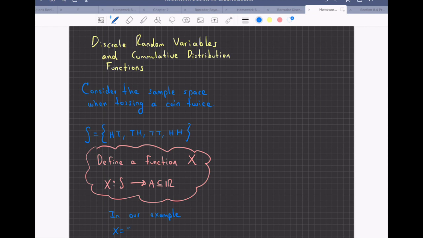In our example, X is going to count the number of heads. So I'm saying that we have a function from the sample space to a subset of the real numbers.